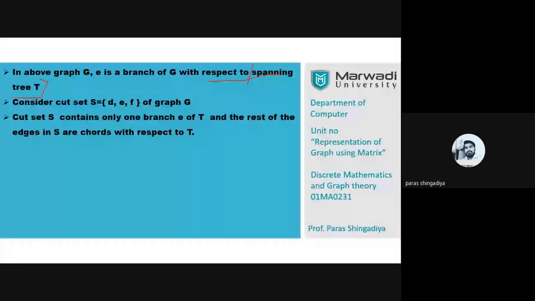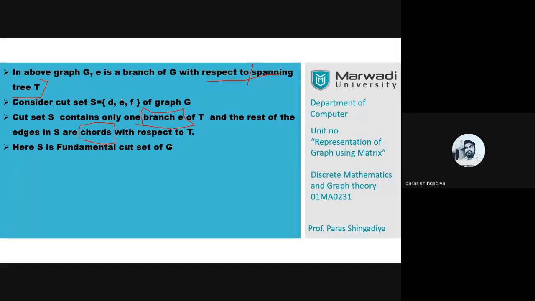Why? Because in this cut set there is only one branch, E, and the rest of the edges are chords with respect to T. So this is a fundamental cut set.